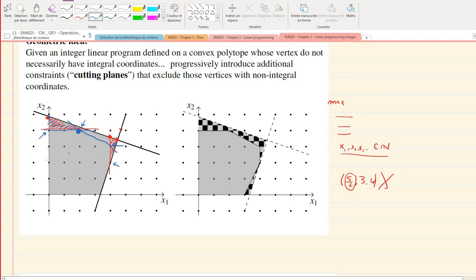If it's the case, then I'm done. If not, I will continue, because I still have a corner here with non-integer coordinates. So I will introduce one more cutting plane, maybe. Is that clear? Any questions?